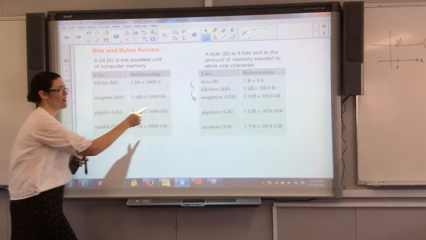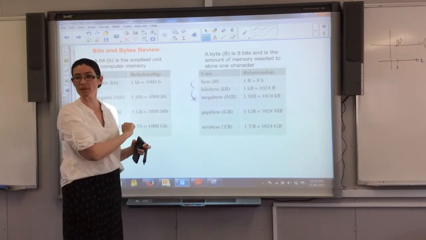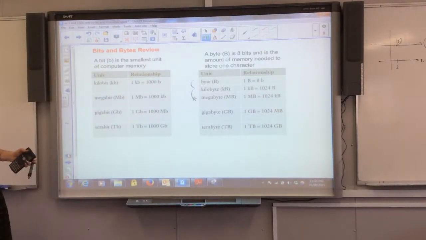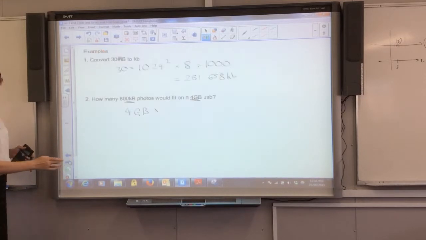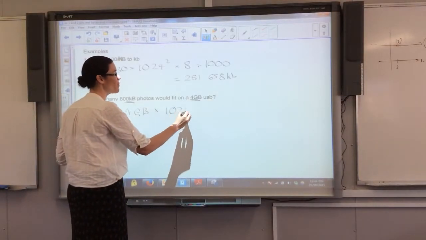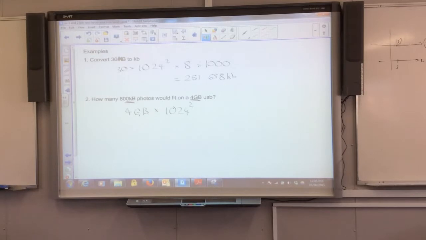It's bytes, not bits. 2 to the power of 10, or 1024? 1024. Okay, so we've got it times by 1024 twice, which means to the power of 2, which will give you a really big number.